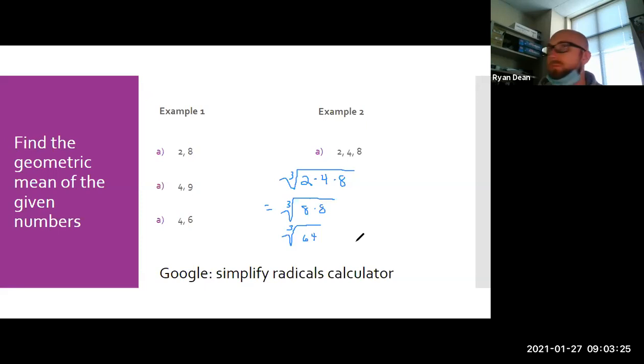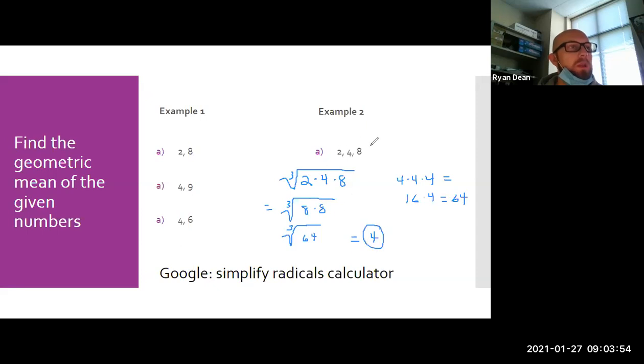For me, I kind of just know some of these off the top of my head. 4 times 4 times 4 ends up giving me 16 times 4, which is equal to 64. So the cube root of 64 is going to be 4.